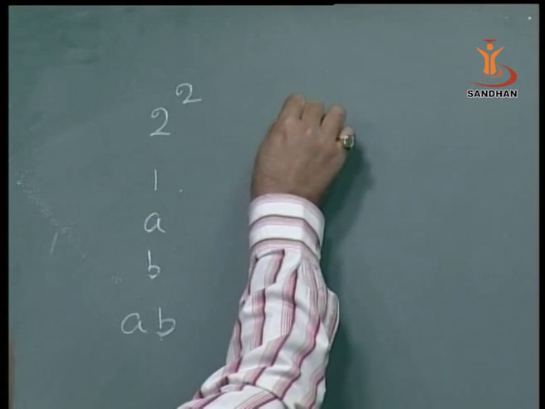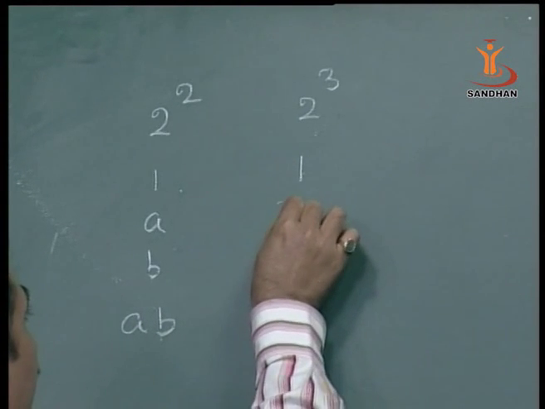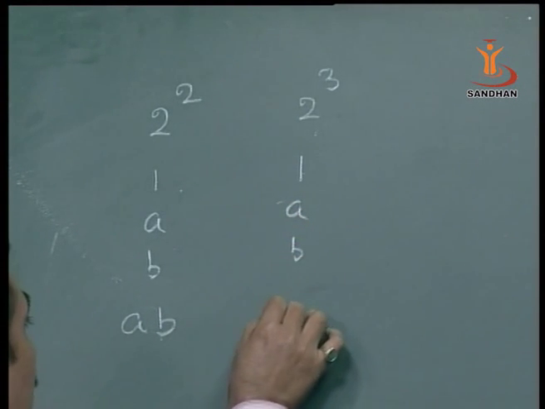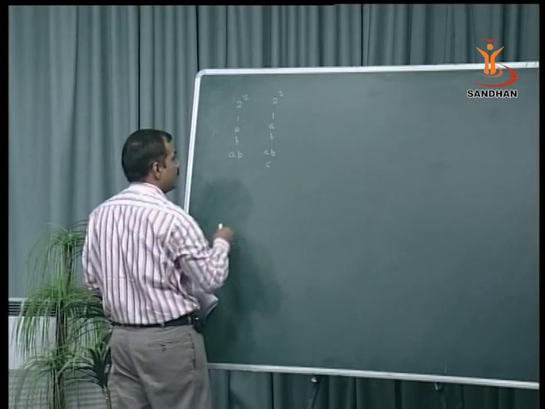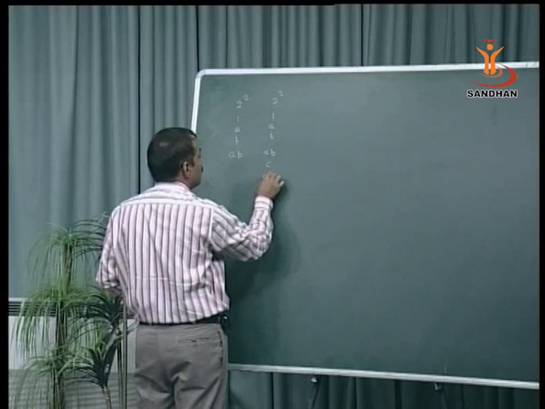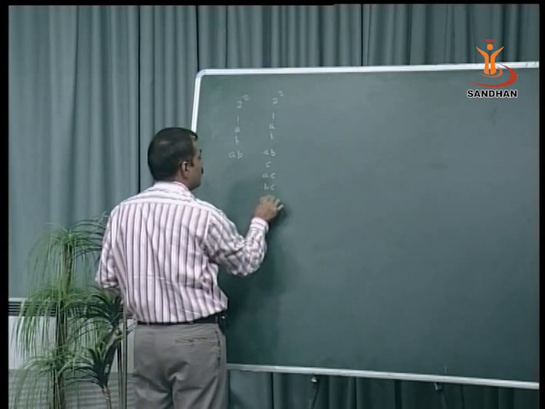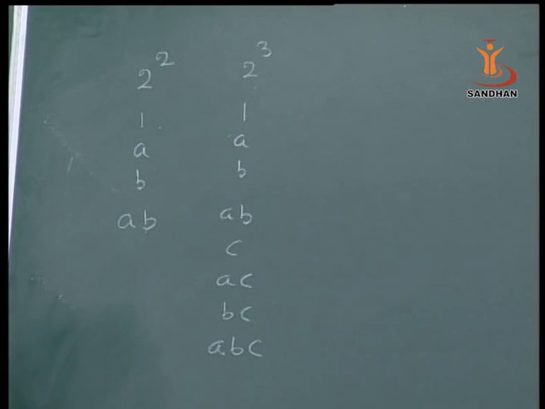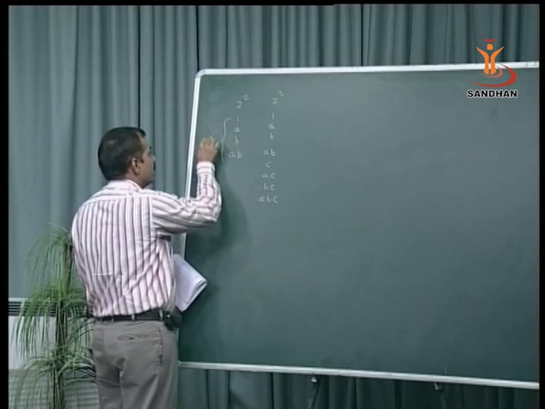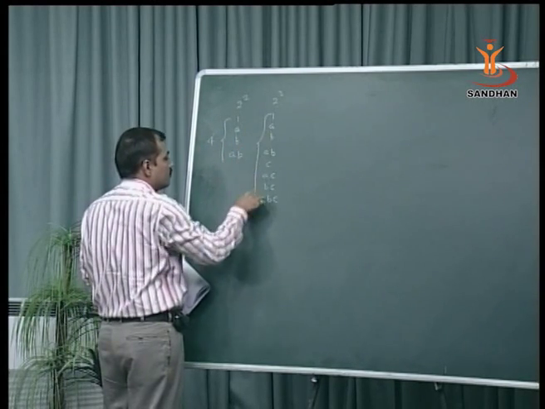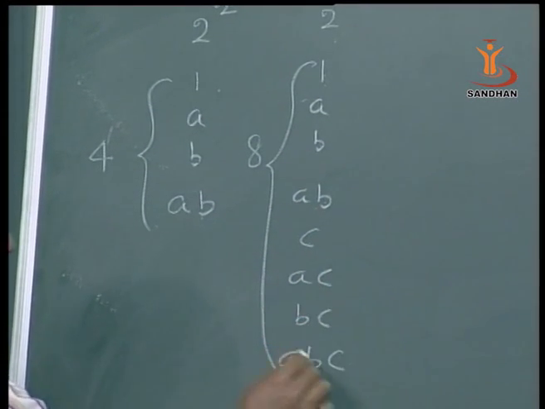For 2 raised to power 3, A, B, AB, then we introduce the third factor C, then AC, then BC, then ABC. So 4 treatment combinations, and this is all 8: 1, 2, 3, 4, 5, 6, 7, 8.